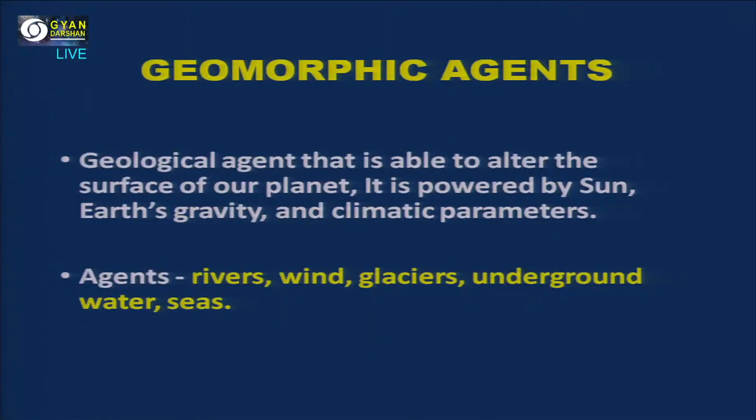Now, these processes continuously operate on the Earth's surface, and there are various agents like rivers, wind, glaciers, underground water, and seas. These geological agents are able to change the surface of our planet, and these agents derive their energy from the sun, Earth's gravity, and climatic parameters.